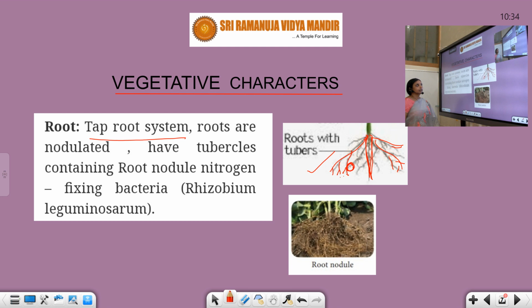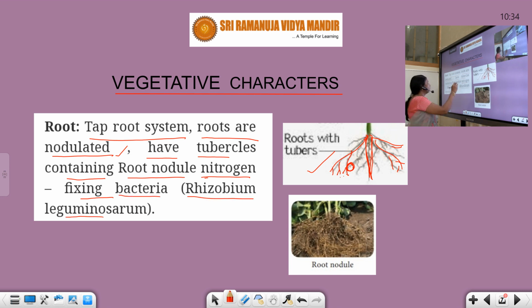In root modifications, we have studied that the nodular type of root is seen in Arachis hypogaea. I have given the example there, but the whole Fabaceae, Leguminosae family has nodules, which help in fixation of nitrogen. These have tuber-like structures containing root nodules which help in fixation of nitrogen, and the bacterium's name is Rhizobium.